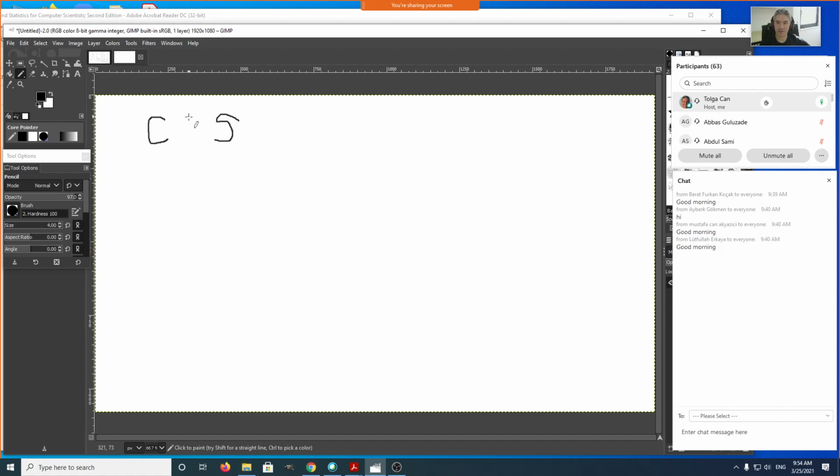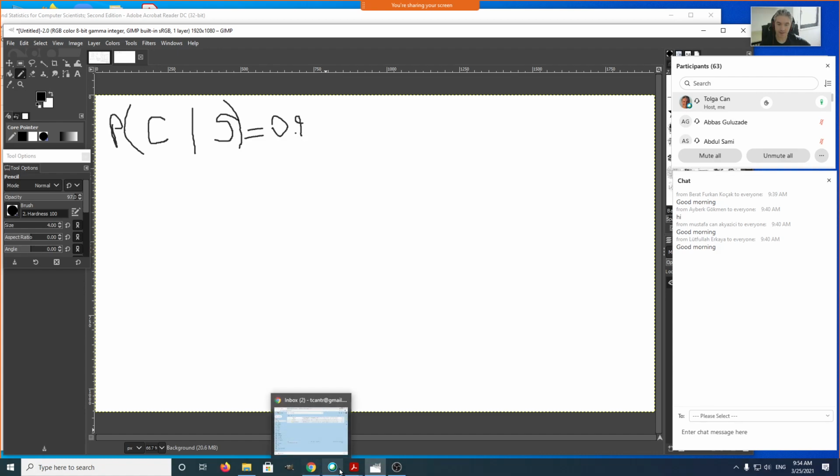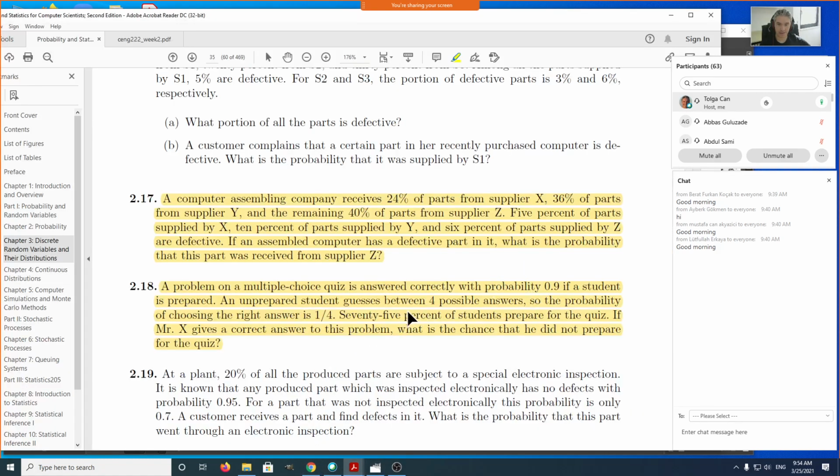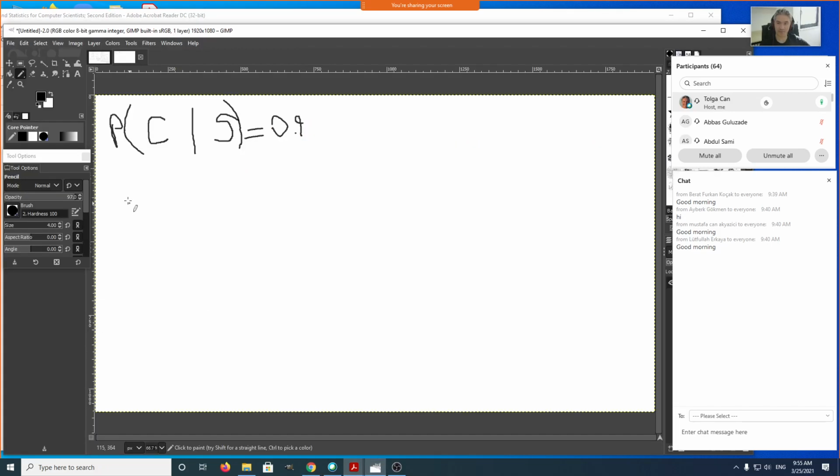All right, now what we are given here is that if a student studies for the exam, the probability of that being answered correctly is 0.9. So we are given this conditional probability. And the other sentence says that an unprepared student guesses between 4 possible answers randomly. So the probability of choosing the right answer is 1/4. So when the student is not prepared, we are given this conditional probability, in the case of not studied, we have 0.25. Okay, so these are the conditional probabilities.